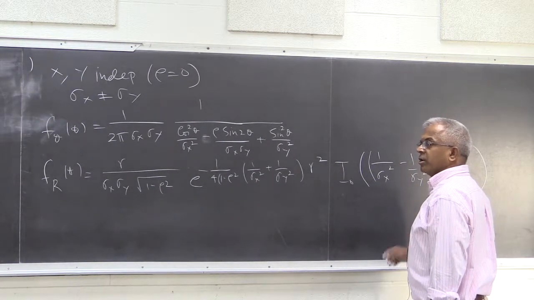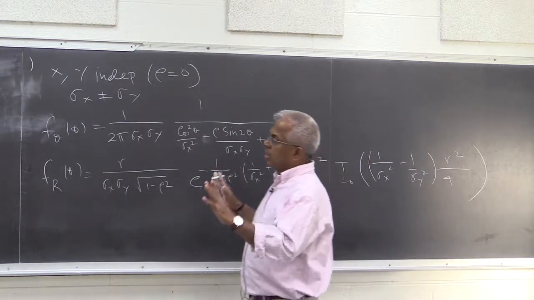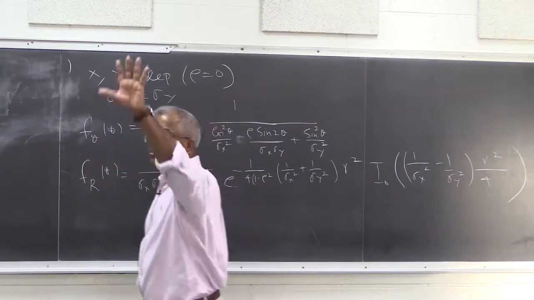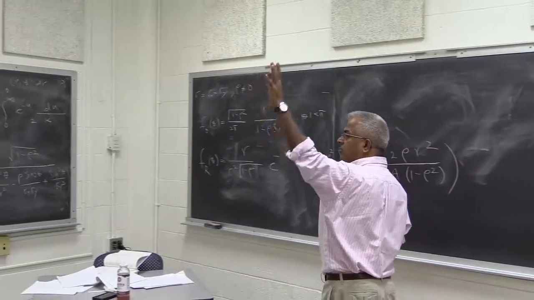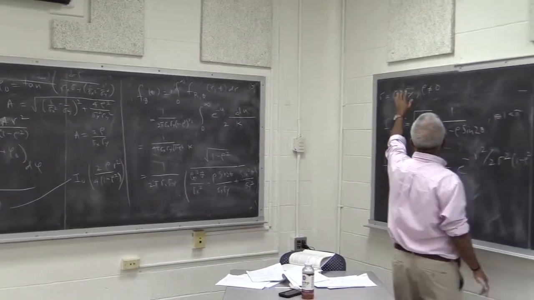And of course, you can go on to find out the mean and variance. So the bottom line is, in all these cases, that's the most general case. We have the joint density function, we have each density function for R and theta in the most general case.